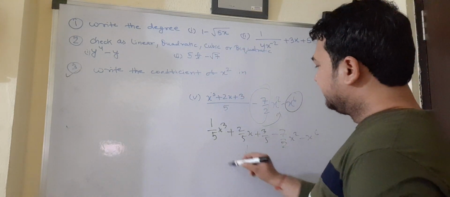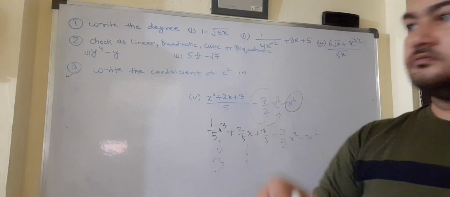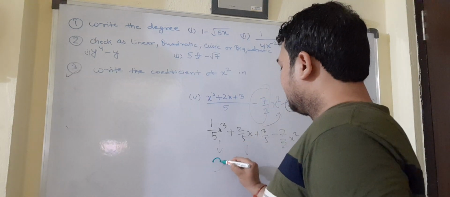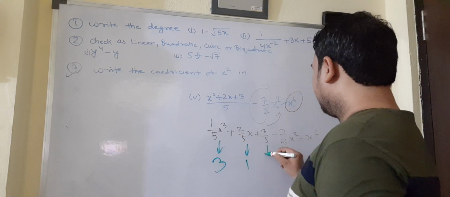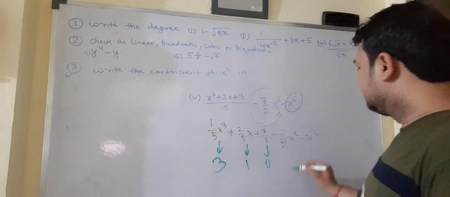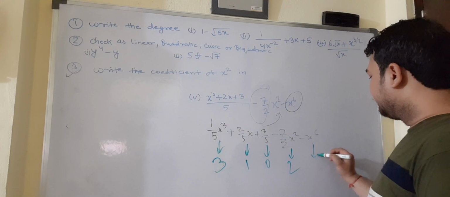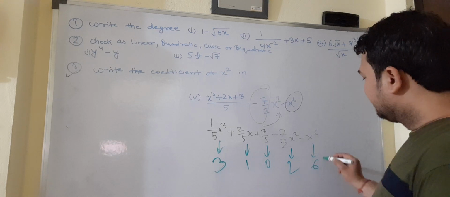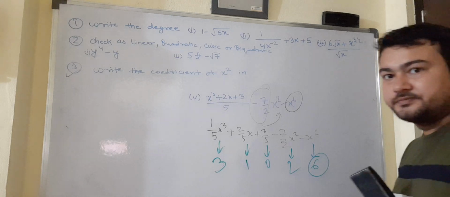Here the highest power is 3, here the highest power is 1, here the highest power is 0, the power of the variable here is 2, and here it is 6. So you can see the highest power of the variable is 6.